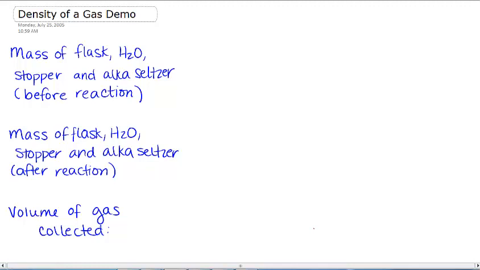So there are some more creative ways, perhaps, to find the density of a gas. I'm going to show you one today. There are certainly other more sophisticated ways to do it than what I'm about to show you, but I don't have all the sophisticated tools necessarily. But with just 3 pieces of data, I can go ahead and do that.